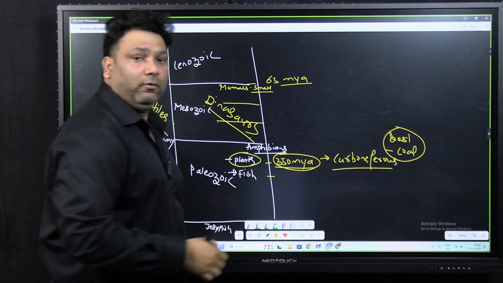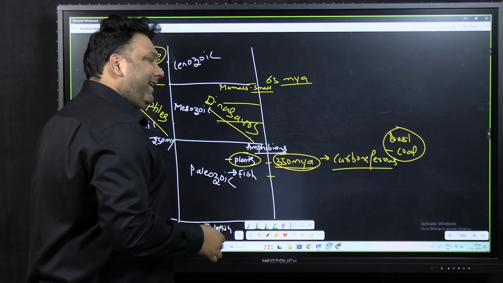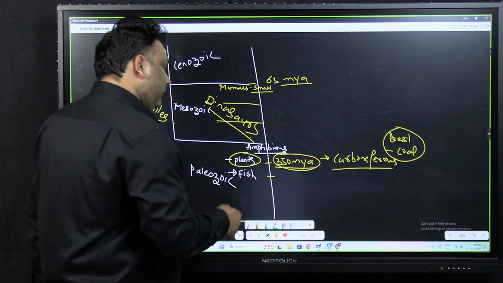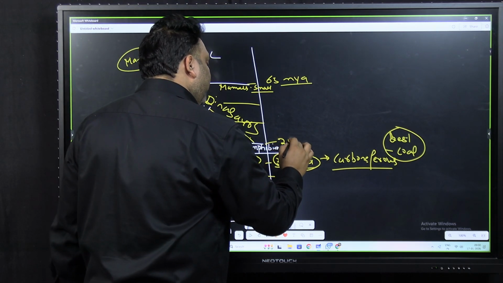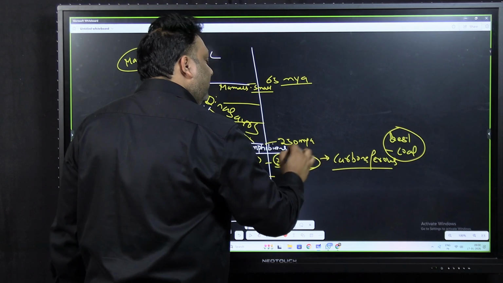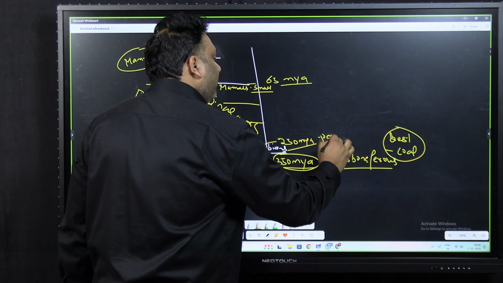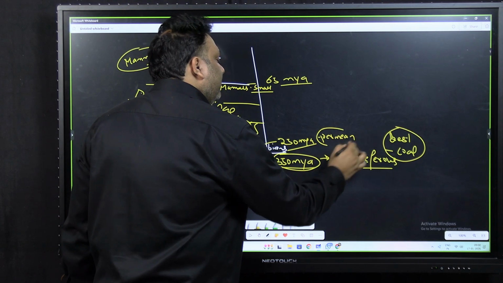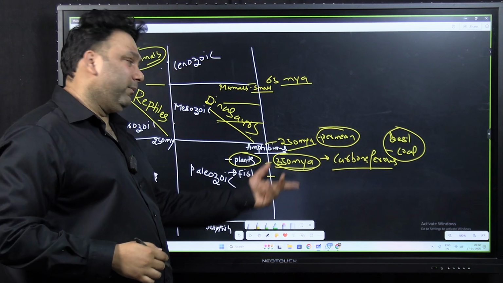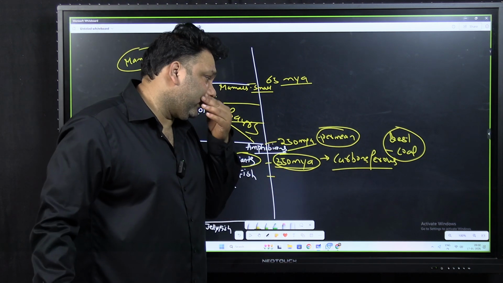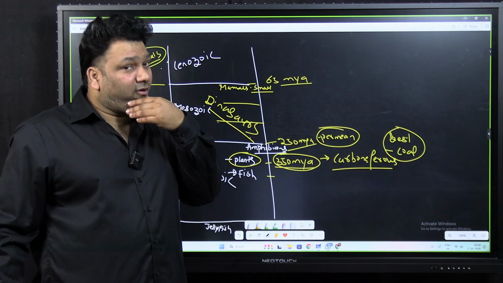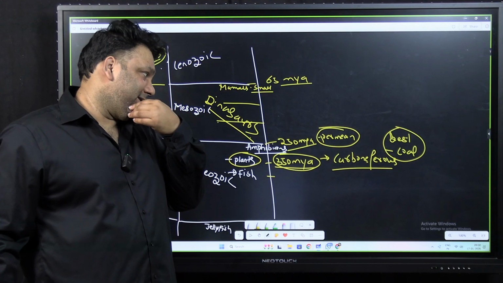So Carboniferous coal is best coal, and Indian coal is not Carboniferous coal. Okay, the Indian coal has been formed around 250 million years ago. This is called the Permian coal. Indian coal is a bit less mature, 100 million years less mature. That's why the carbon concentration in the Indian coal is not that great.